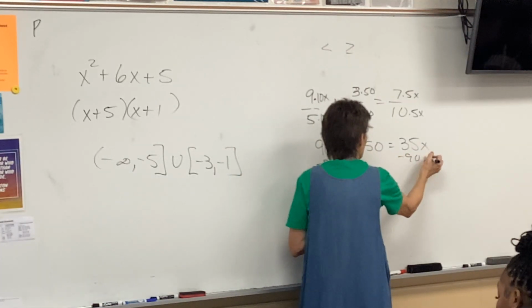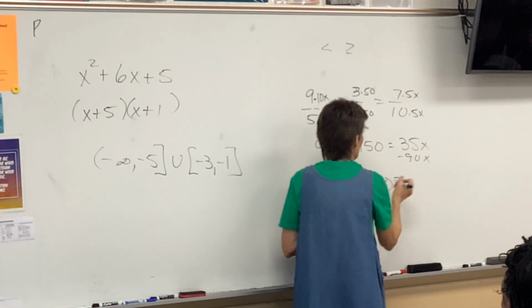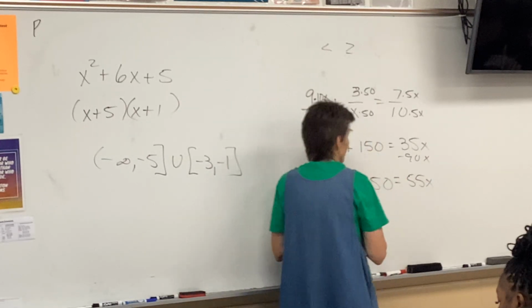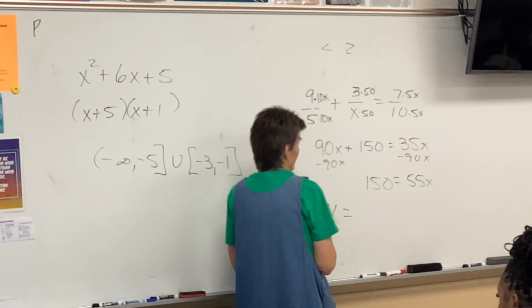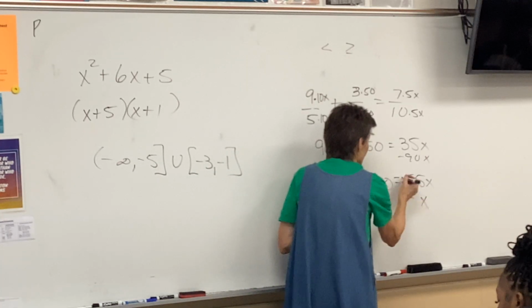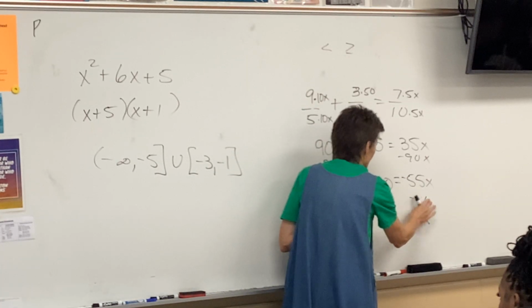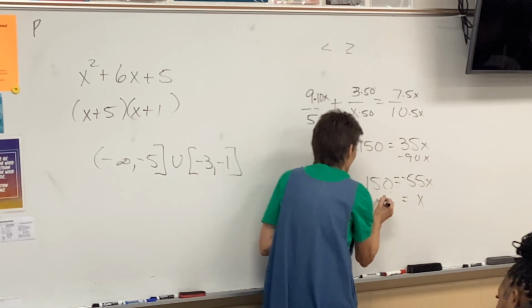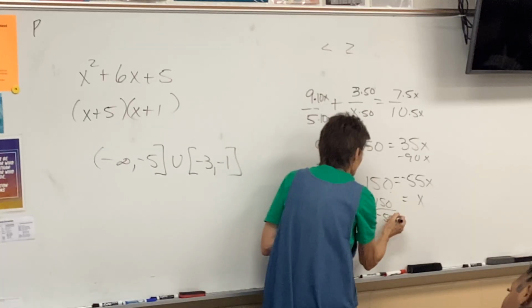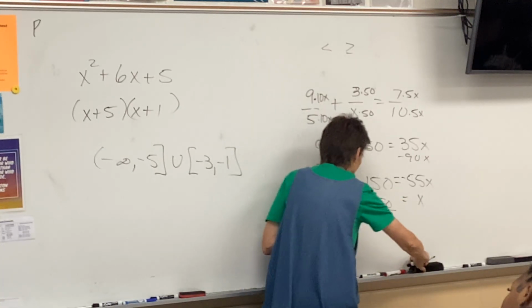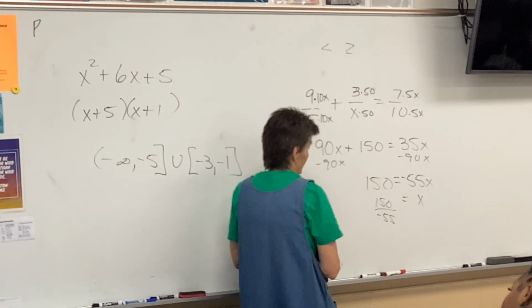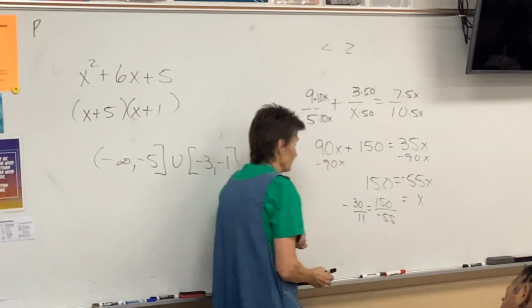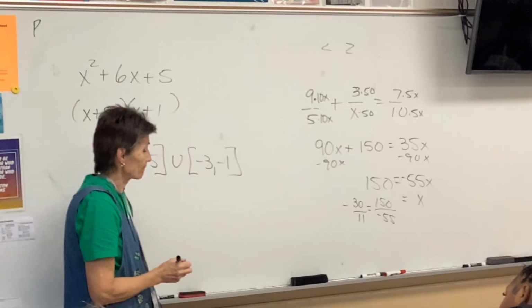Subtract 90x. 150 equals 55x. So x equals 150 over negative 55, which is negative 30 over 11.